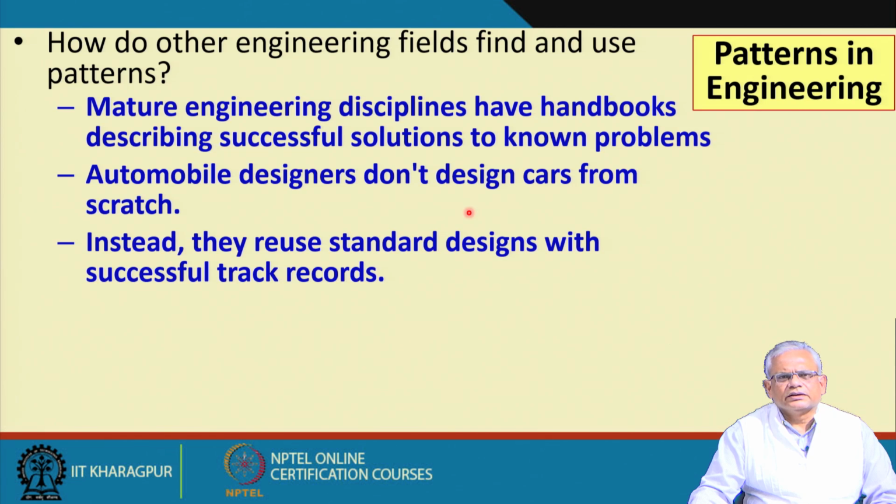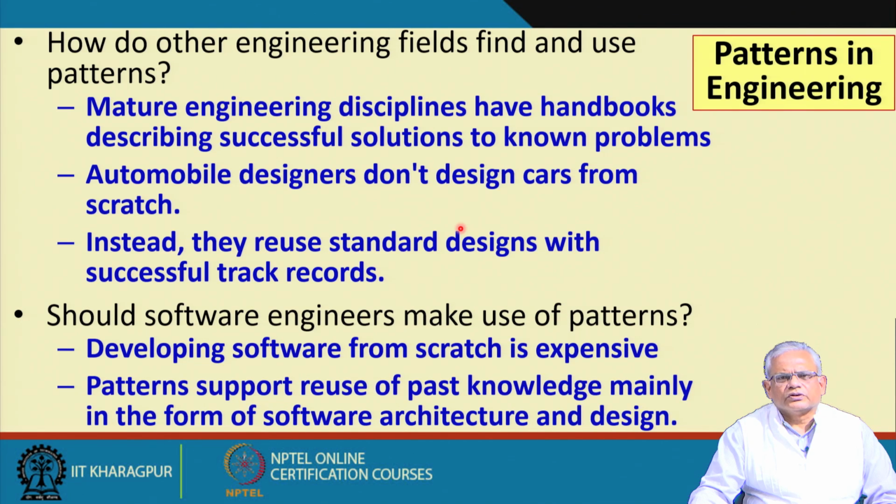Automobile designers do not design a new automobile from scratch. They make use of solutions that have been tried out in other automobiles, things which have worked out well in other automobiles. But what about software development?